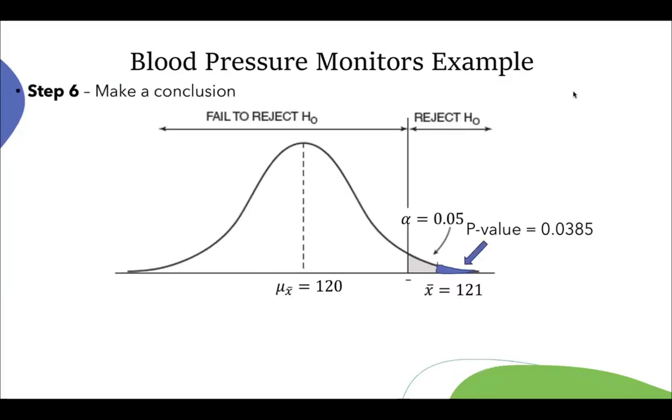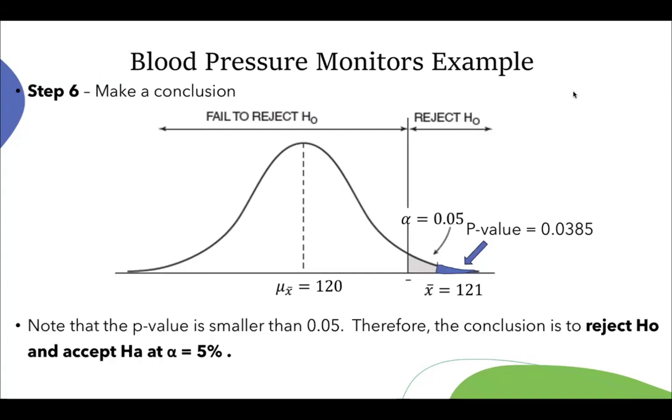So our official conclusion is reject H0 and accept HA at alpha equal 5%. And we're doing this because our p-value is smaller than 0.05. If our p-value is smaller than alpha, we can reject the null hypothesis and accept the alternative hypothesis.